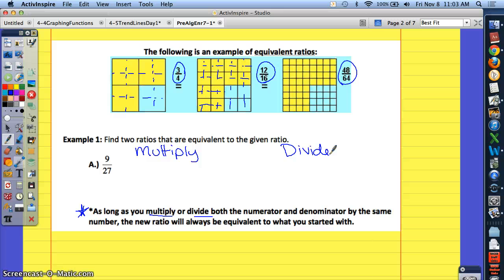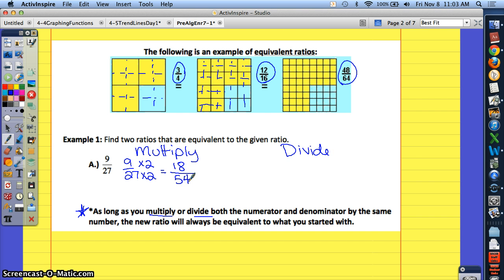Well, we can't do 1 because that would be the same fraction, so how about 2? Okay, 9/27 times 2. Multiply both the numerator and the denominator by 2, and this will result in an equivalent fraction. Try it. 9 times 2 is 18. 27 times 2 is going to be 54.